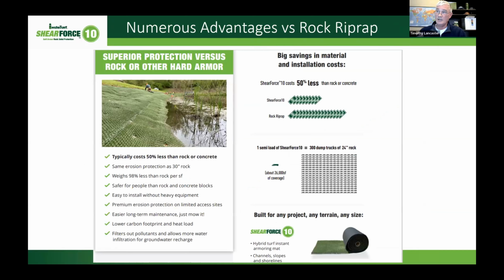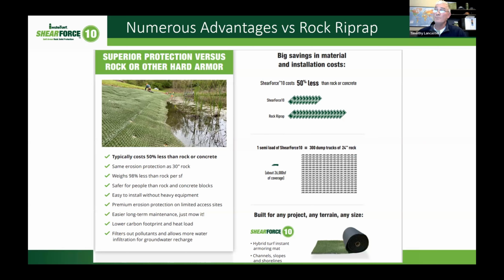So when you're looking at using a permanent roll erosion control product, you're normally looking at using that in place of something hard like riprap or even concrete-based materials. Of course, using these roll erosion control products, you are establishing vegetation. They allow you to use vegetation in place of hard armor in areas where you normally couldn't do that.